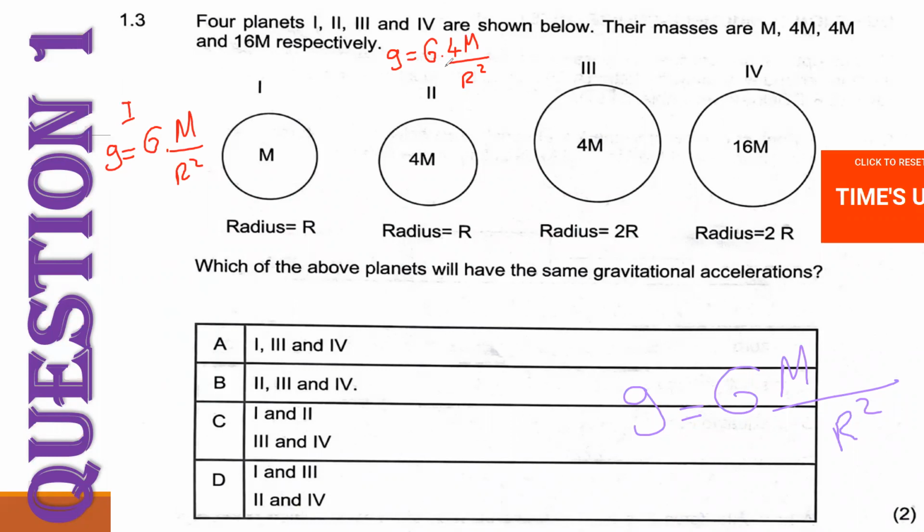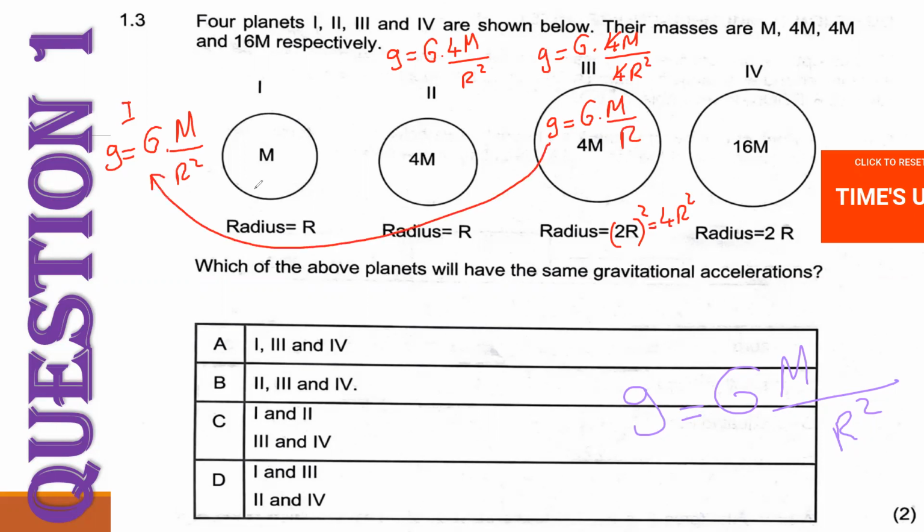Next one: g equals capital G times 4M over 2R squared. So 2R squared is equal to 4R squared, and the 4s cancel each other. We get G times M over R squared, which is equal to number 1. So 1 and 3 are equal.